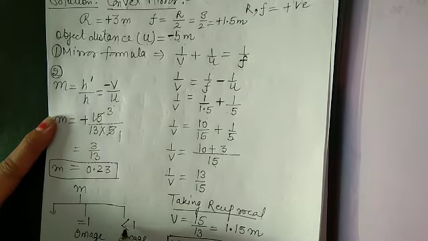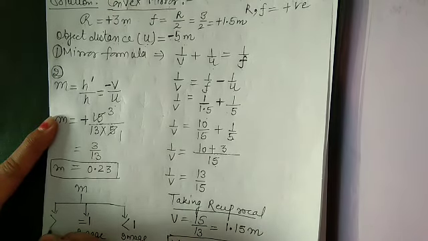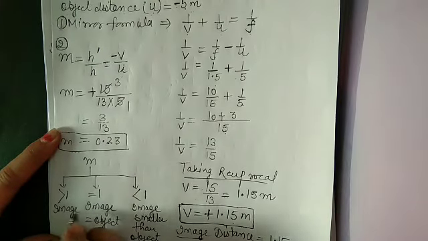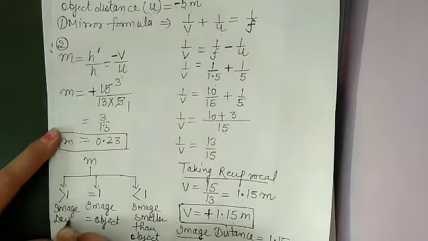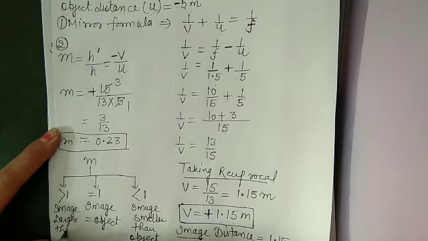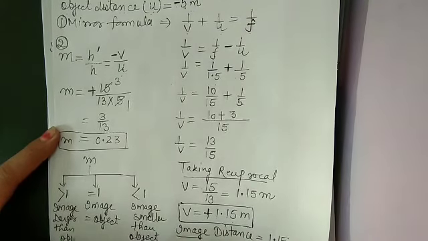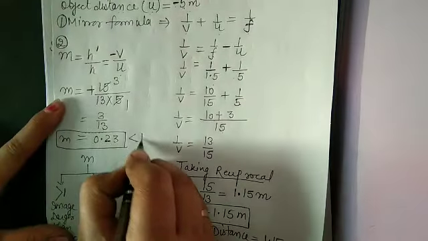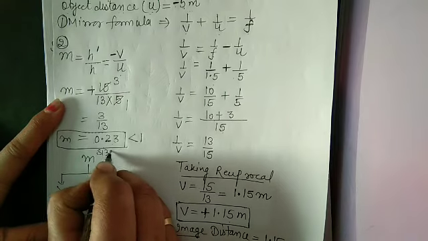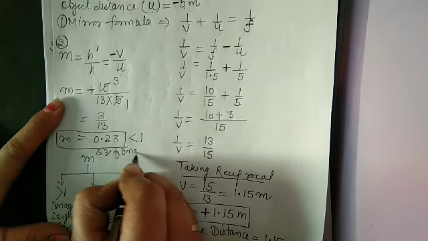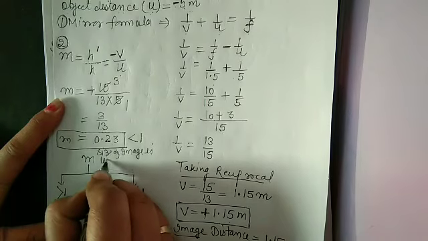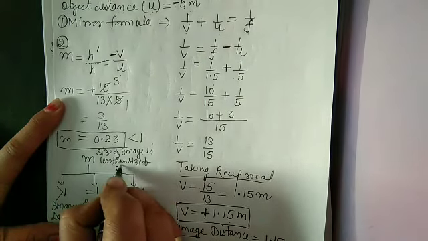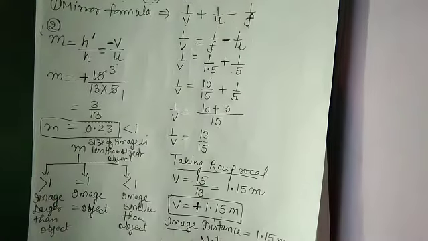If magnification is greater than 1, then image will be larger than object. So in our present case, m is 0.23, less than 1. So size of image is less than size of object. Clear? So what information do you get now?